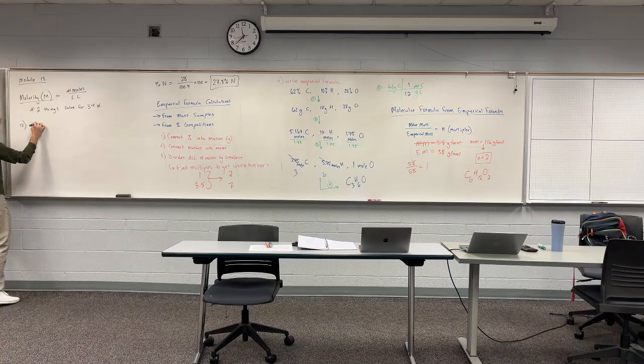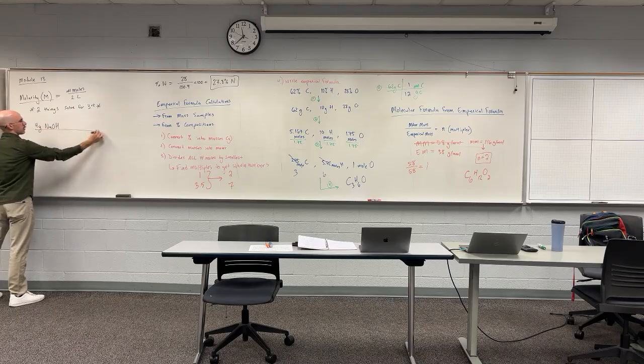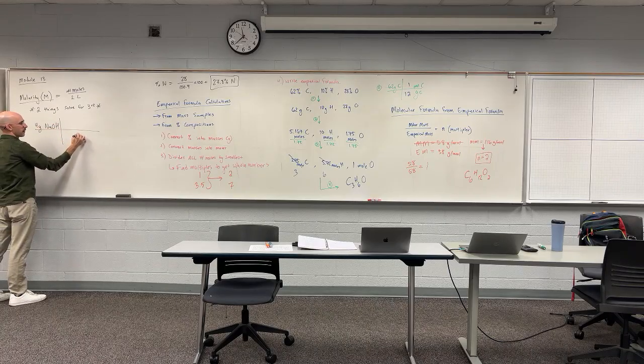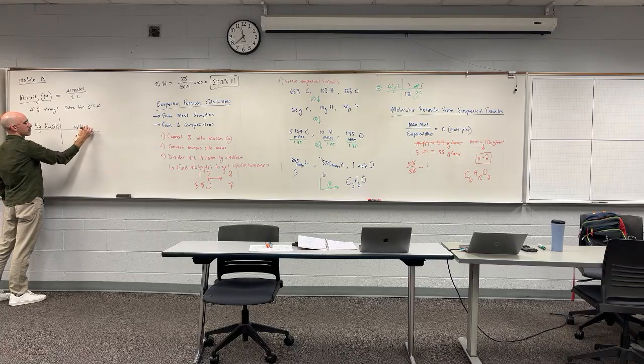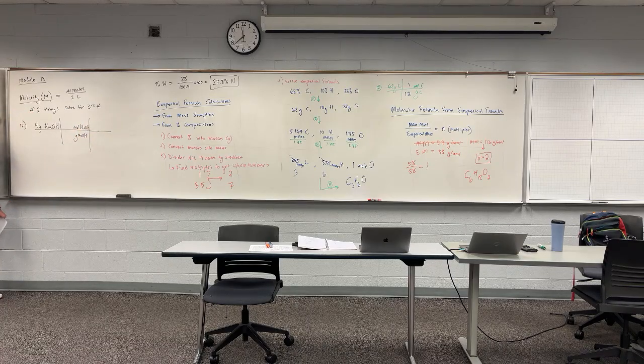4 grams of sodium hydroxide, what's that chemical formula? NaOH. Grams of NaOH into moles of NaOH. And once I get to moles of NaOH, I actually just want to divide by the number of liters.